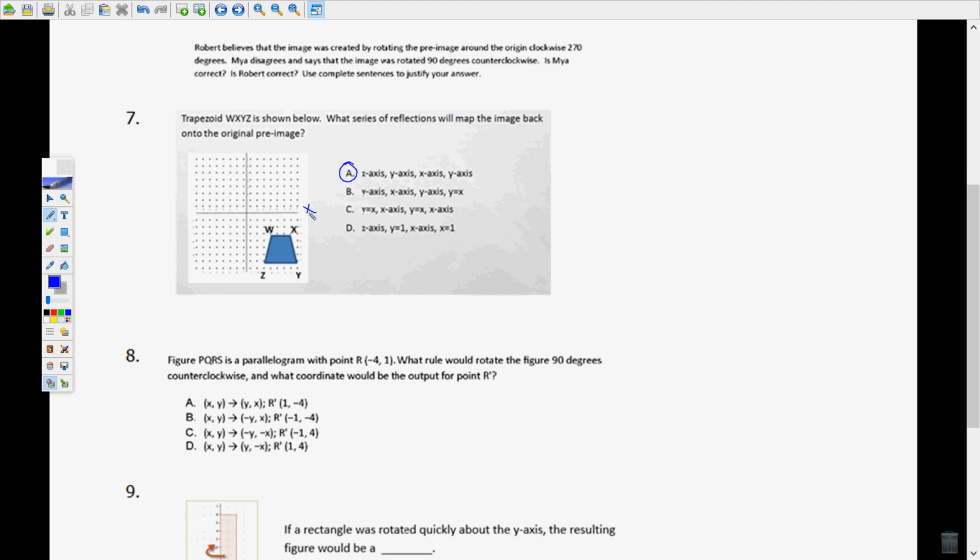When you reflect over the x-axis, you go the same distance if you start down below as you do up top. And so as you reflect this thing across the x-axis, it looks like it's kind of hard to see on here, but it's down 3. So it would be up 3.